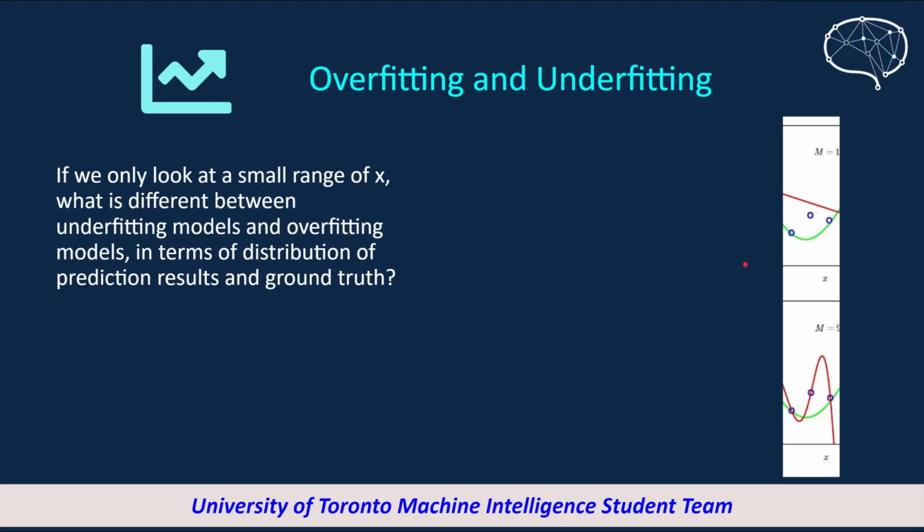Okay, from observation, we can easily see that nearly all of the red line is above the green line, and there's a lot of deviation here. You can tell that constantly in this range, the prediction is much higher than the ground truth, and of course it's not an accurate prediction.